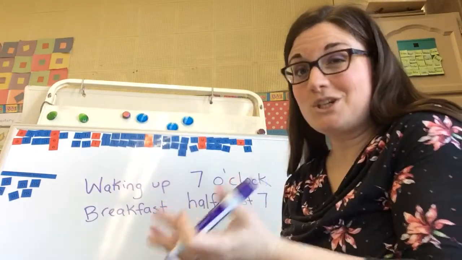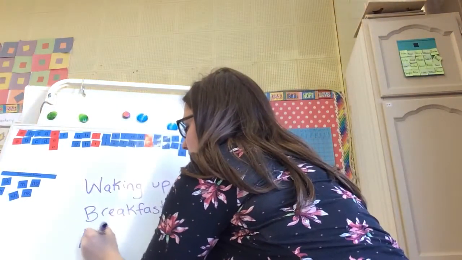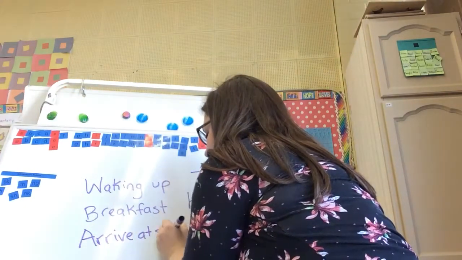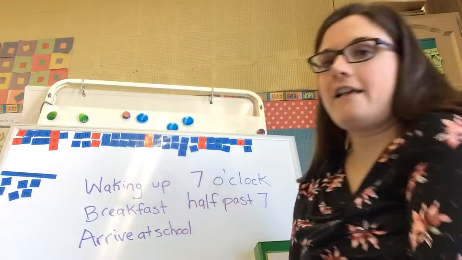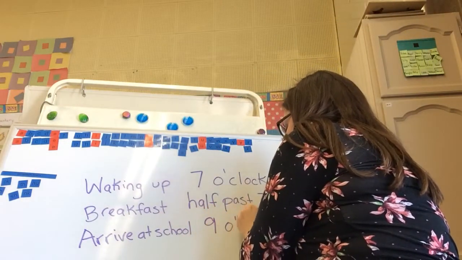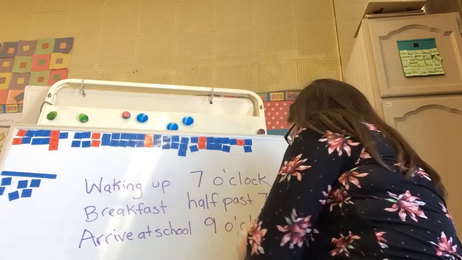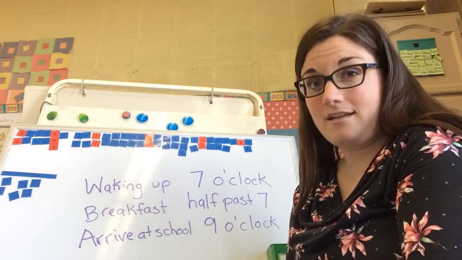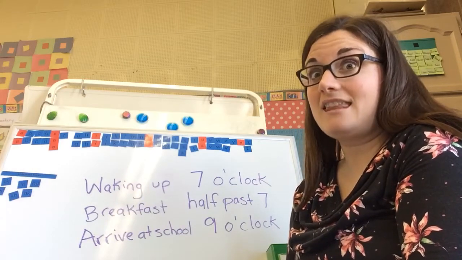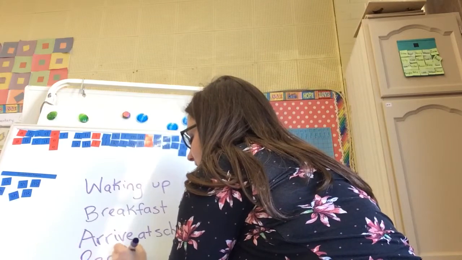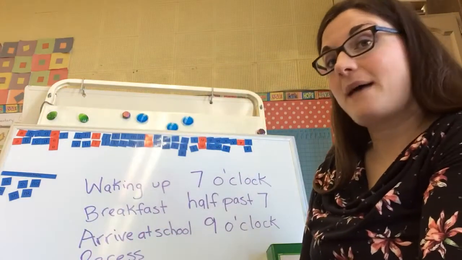Now, normally when you're coming to school, do you know what time you arrive at school? You arrive at school at 9 o'clock. And after we come in, we do morning warm-up, we have devotions, we have math, we have snack, and then we have recess. And recess is at half past 10.